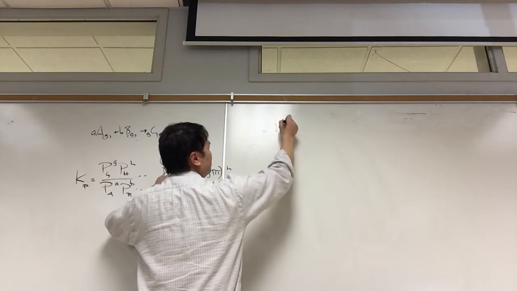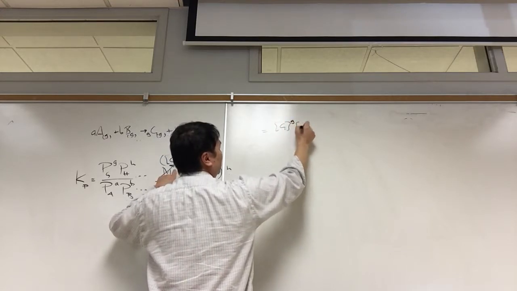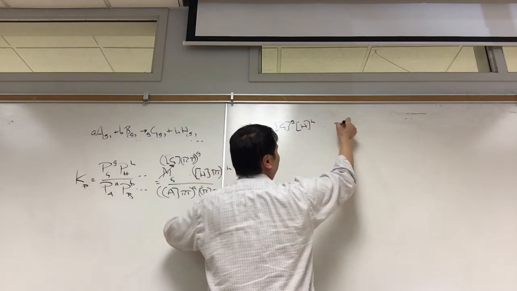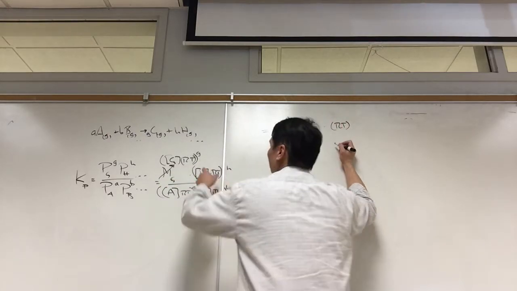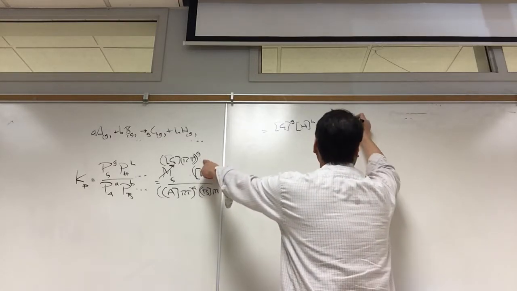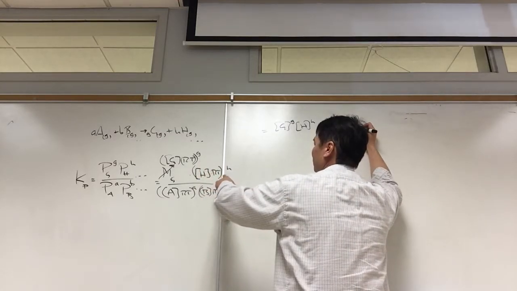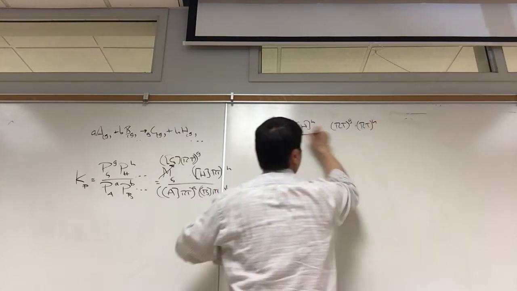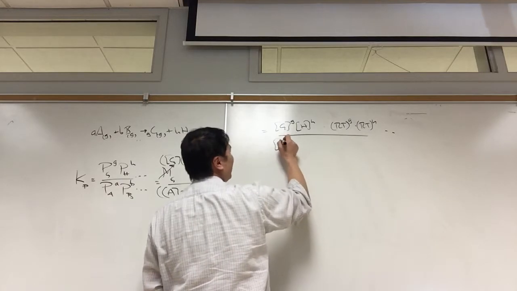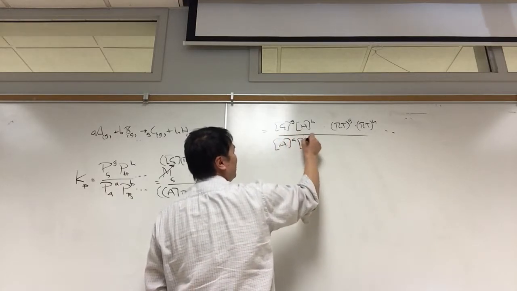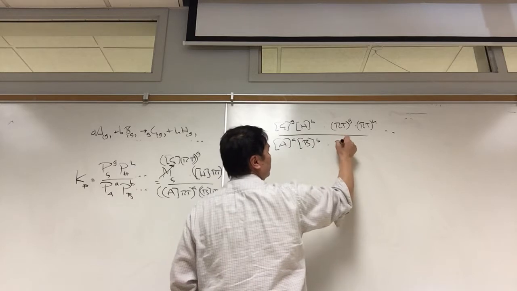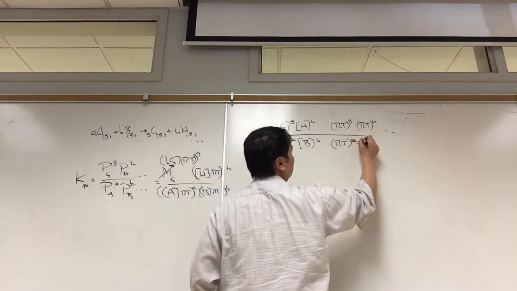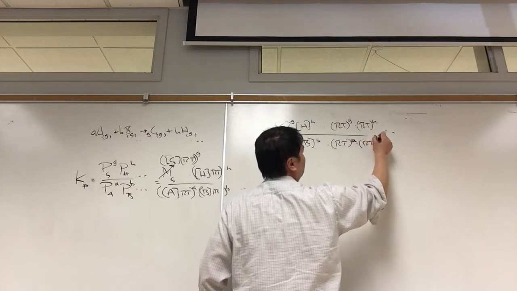And so we get the concentration of G raised to little g, H raised to little h, and then this is going to be RT to the little g, times RT to the little h, dot, and then A raised to little a, B raised to little b, times RT to the little a, RT to the little b.